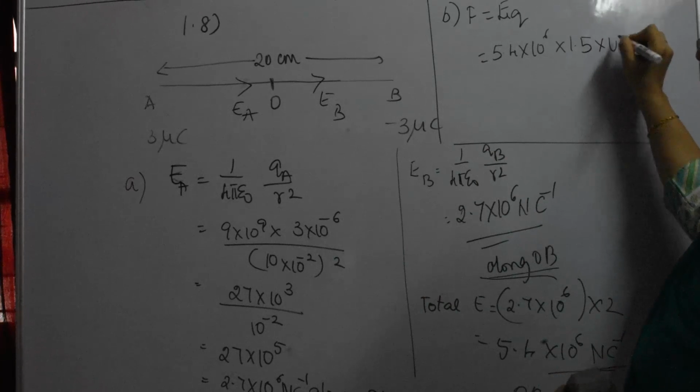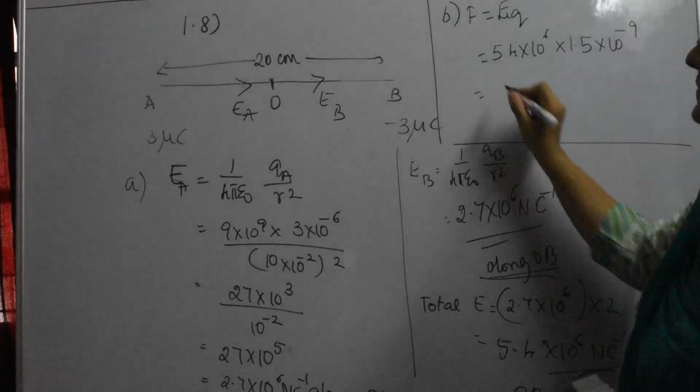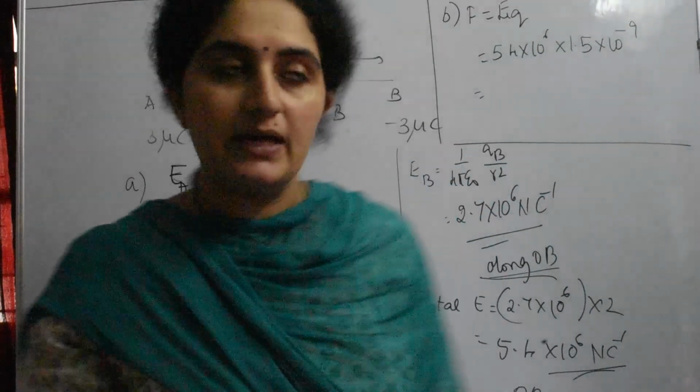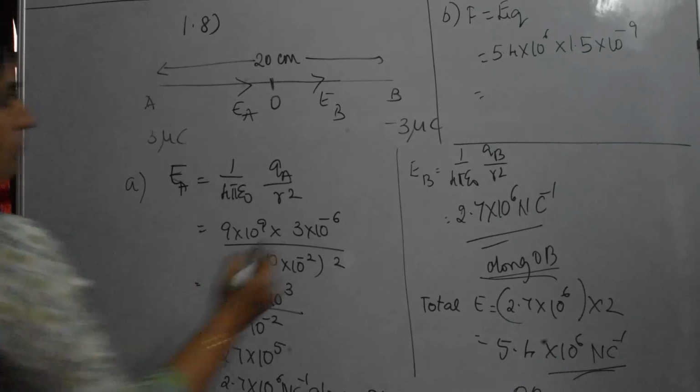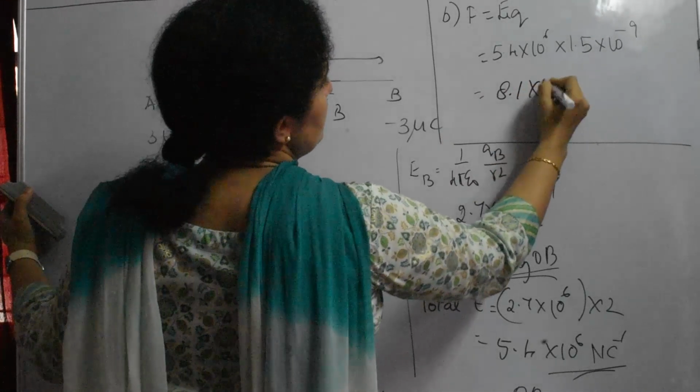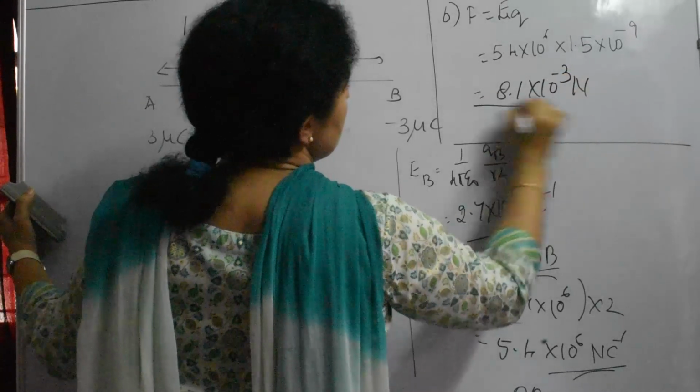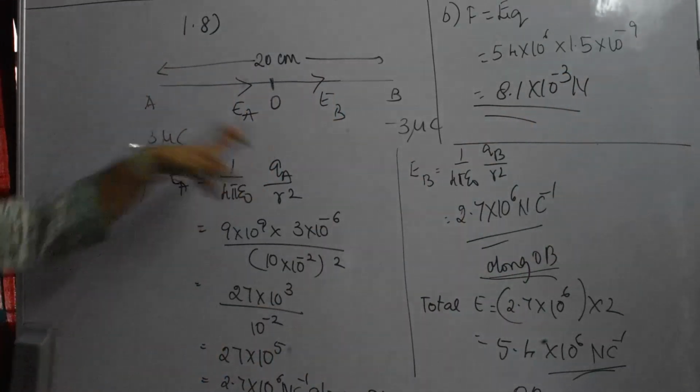So you have to multiply that, 5.4 into 1.5 into 10 to the power minus 3. It comes to around 8.1 into 10 to the power minus 3 Newton, but it is along OA.